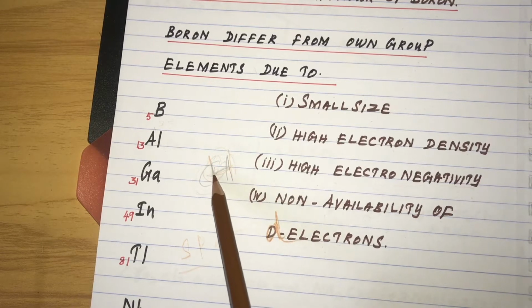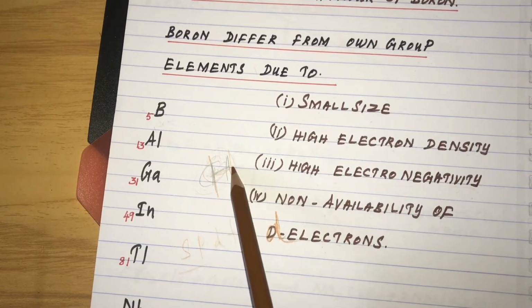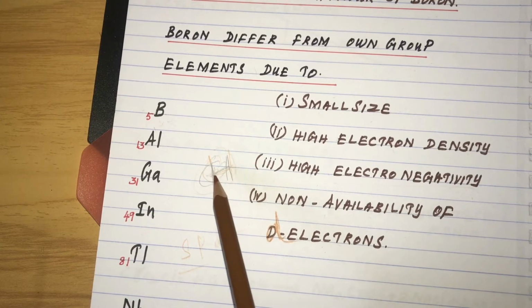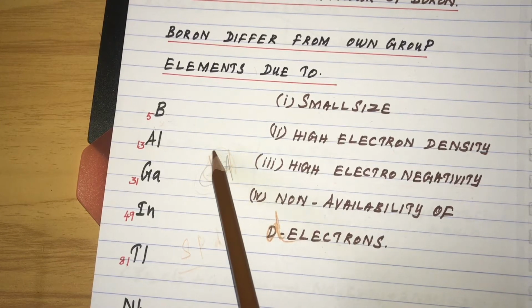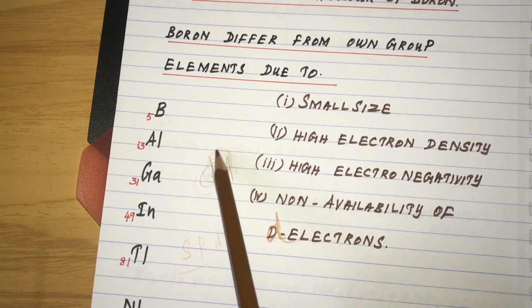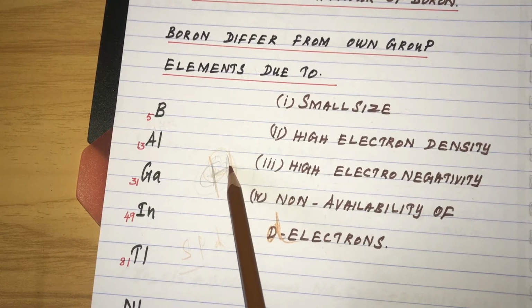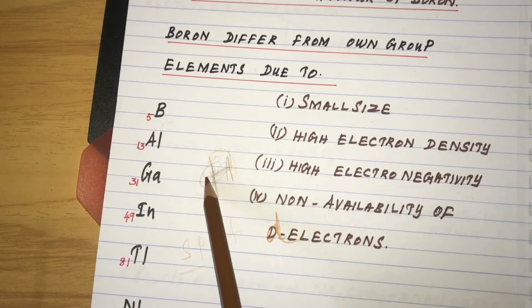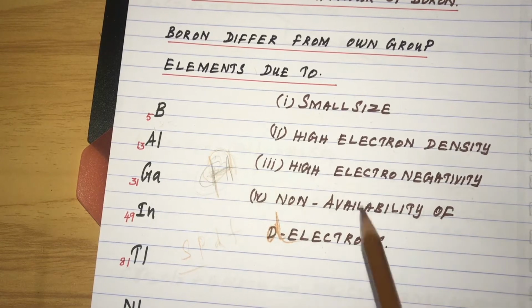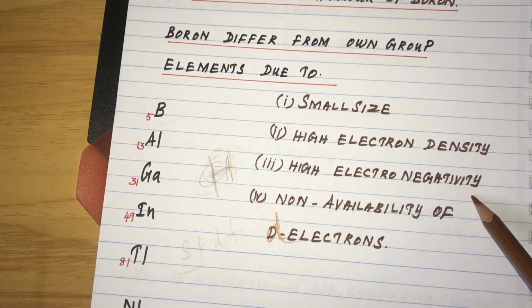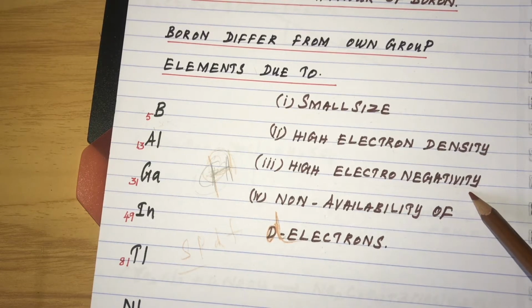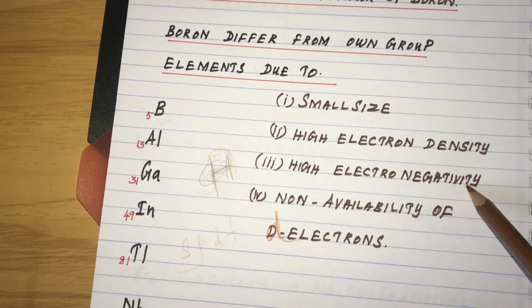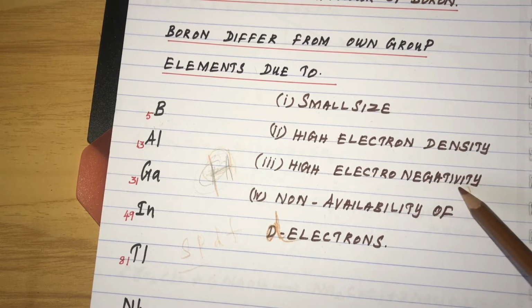The distance between the nucleus and the valence electron is short, so the attraction of the nucleus over the outermost electron is high, pulling the electron inwards. The smaller the size, the higher the electron density. Electronegativity is the phenomenon of attracting the shared pair of electrons in an atom towards itself.